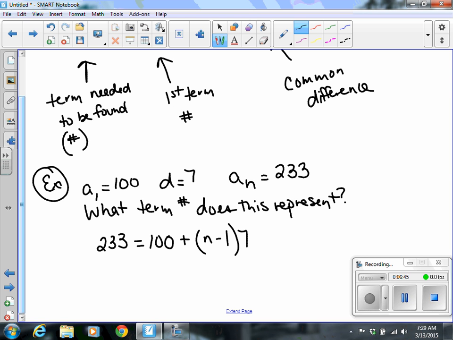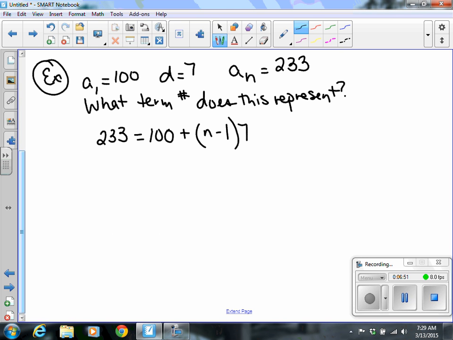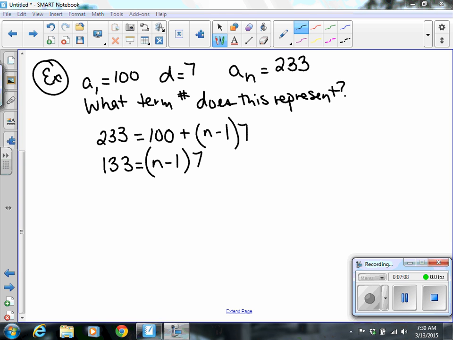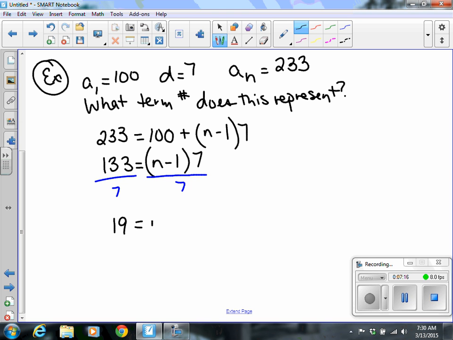We don't know exactly what n is, so that's what we're going to try to find. This is an algebra problem that I can solve. I just need to subtract the 100, so I have 133 equals (n minus 1) times 7. You could distribute the 7, you're just adding an extra step. I'm going to divide by 7. 19 equals n minus 1. Add the 1, n is 20. So this is the 20th term in the series.